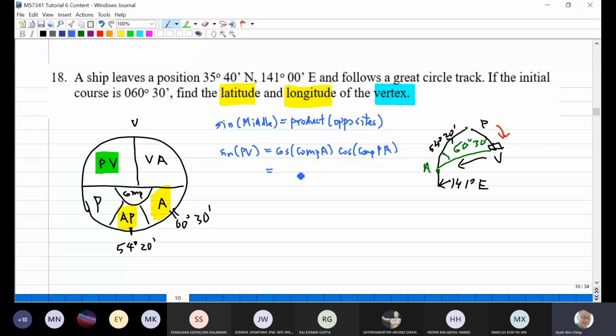Now cosine of com A is the same as sine of A. Cosine of com PA is same as sine of PA or AP here. So put in the value of A is sine 60 degree 30 minutes, and sine PA is 54 degree 20 minutes. So now you press the calculator.